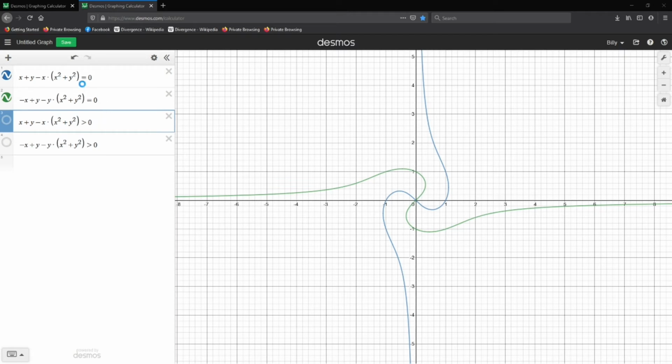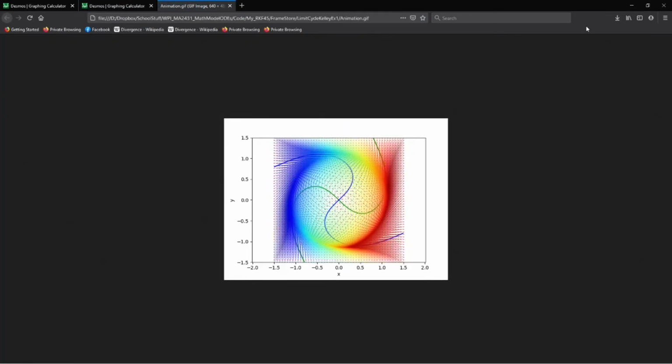This animation looks like the following. So you can very clearly see all of those points evolving with any given initial condition, evolving onto that limit cycle.